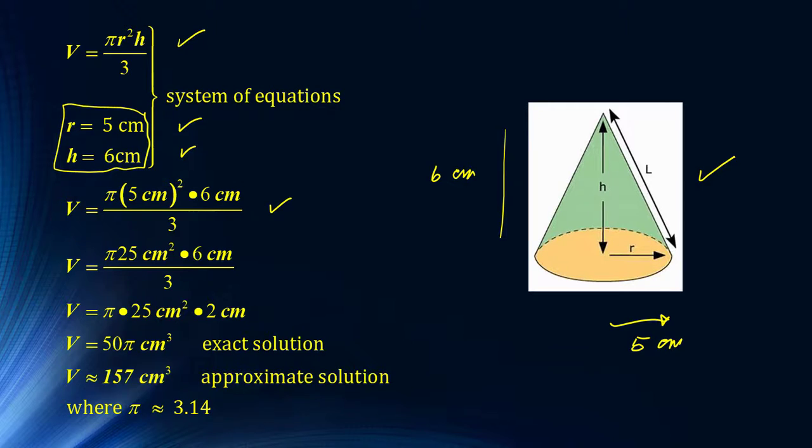That gives us this. Notice that whenever I replaced r, I kept the units with it, and we square the entire thing. Once again, when we replaced h with 6 centimeters, we kept the units with it.